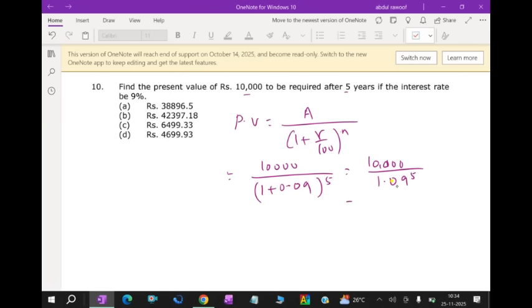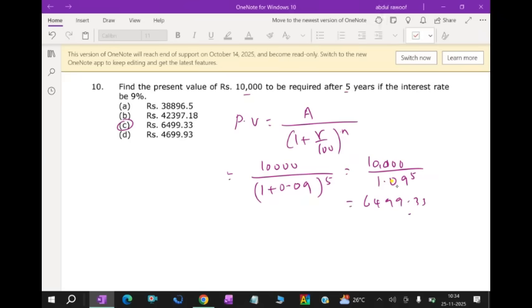Using a calculator, if allowed, you can use it. Otherwise, you have to multiply 1.09 five times and divide. It approximately gives 6499, which is option C.